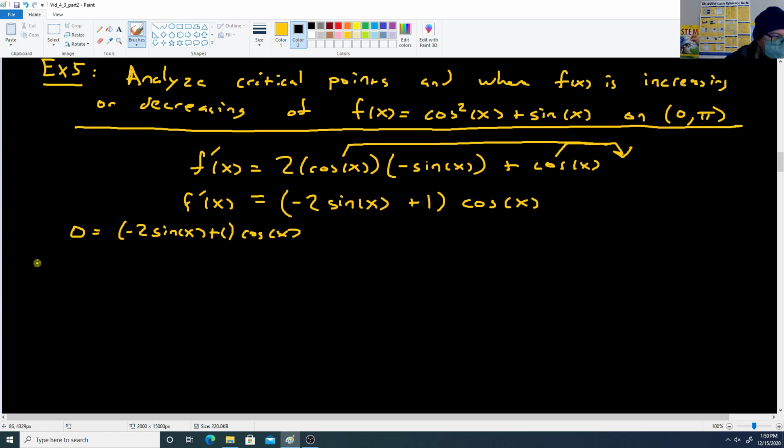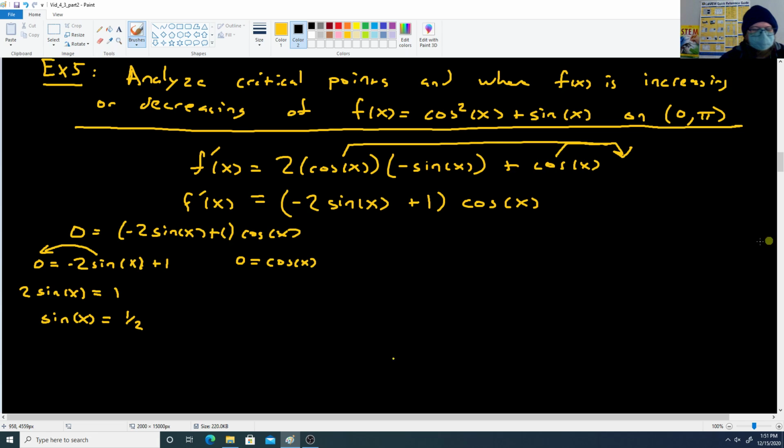So it's got to be the case either the first thing equals 0: negative 2 times sine of x plus 1 is 0, or the second thing, 0 equals cosine of x. Let's move the 2 sine of x term across so it becomes positive. Divide by 2. So we're looking for where sine of x is equal to a half.